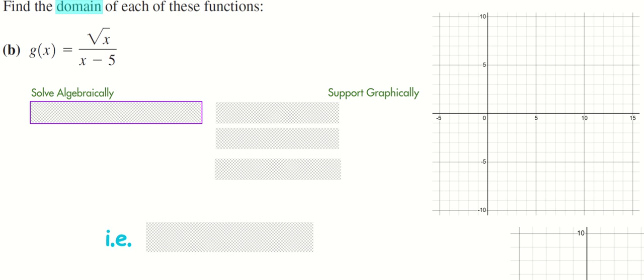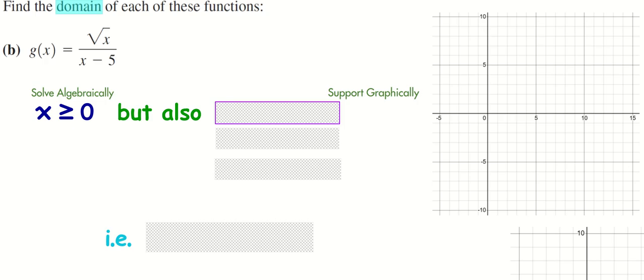What am I talking about there? What number are we literally not allowed to divide by? 0. So it's not about x equaling 0 necessarily. What would we plug in for x to make the entire denominator x minus 5 equal 0?